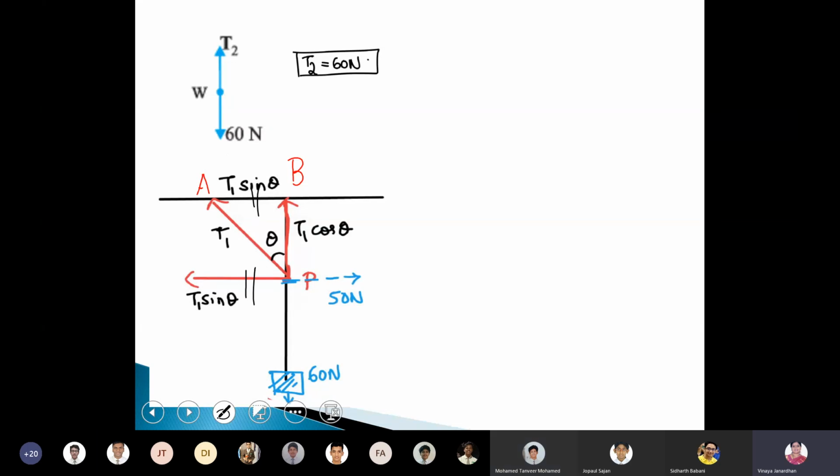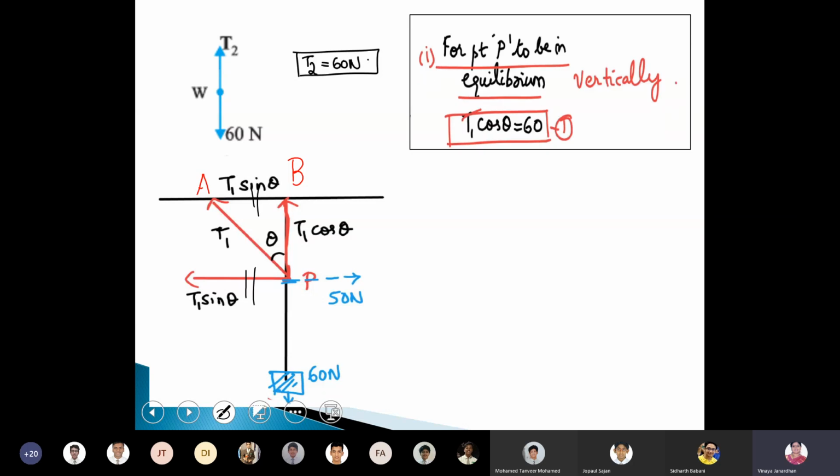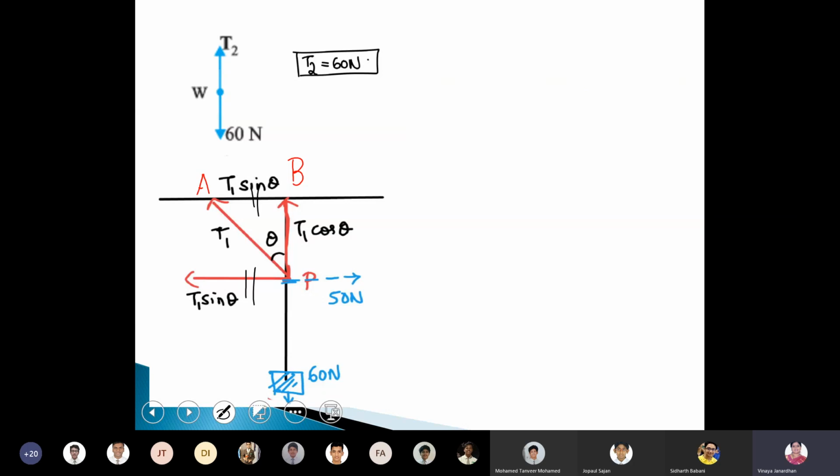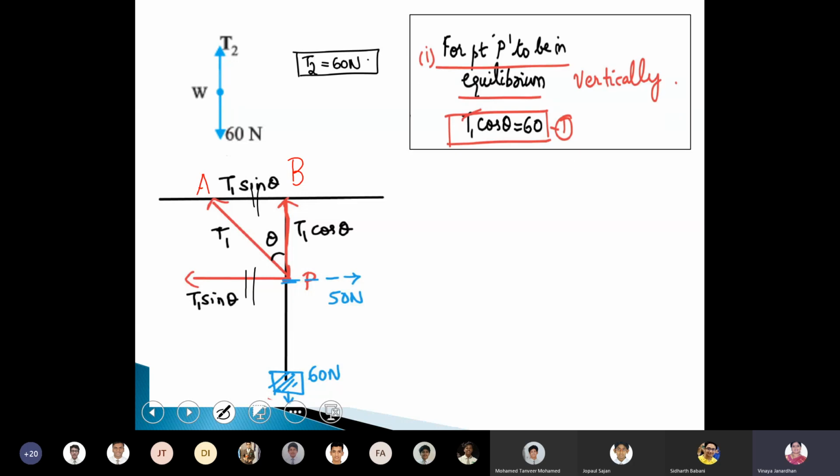Okay, fine. Now one more question. You have split T into two components, T1 sin theta and T1 cos theta. Now look at this. If the point P is at equilibrium, the downward force acting at point P must be equal to the upward force acting at point P. Equilibrium means neither is the point moving upward nor moving downward.